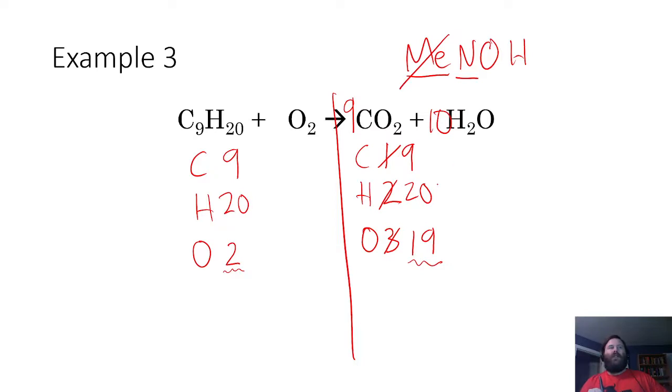So we've got 20 here, but now the oxygens have changed again to 18 plus 10, which is 28. And so we can balance this by changing it to 28, which means we need 14 over here. And that balances the equation with 9, 10, and 28 for all three.